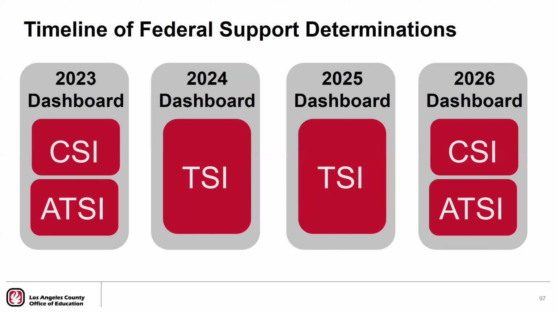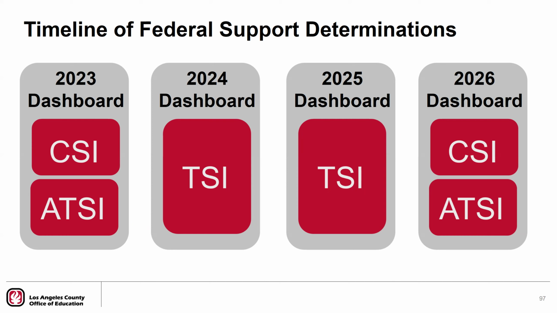CSI and ATSI determinations are made on a 3-year cycle beginning with the 2023 dashboard. Due to the interruption in the state's accountability system, CSI and ATSI determinations were made in both 2022 and 2023. Moving forward, the state's ESSA plan includes determinations every 3 years.